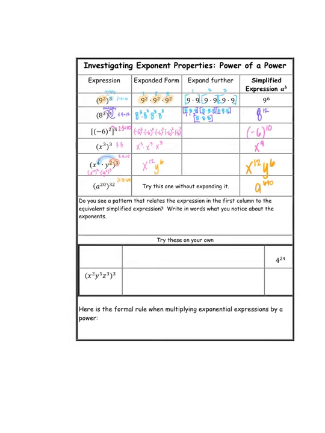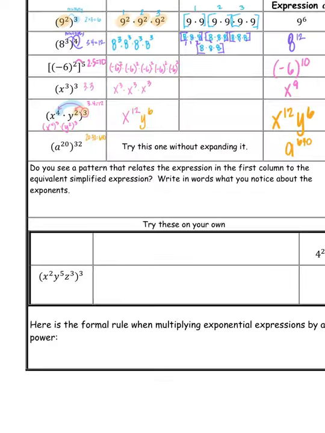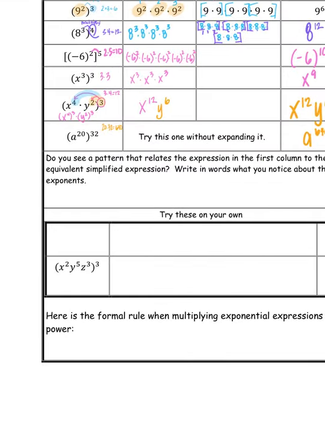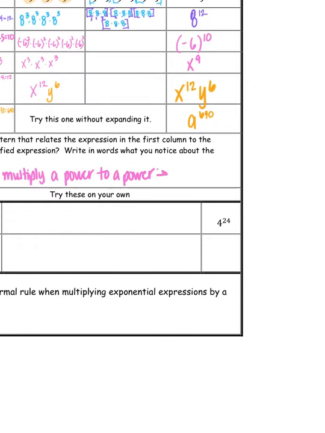So again, what we're going to write down here is, do you see a pattern? Write in words what you notice. And yes, when you multiply a power to a power, multiply the exponents.